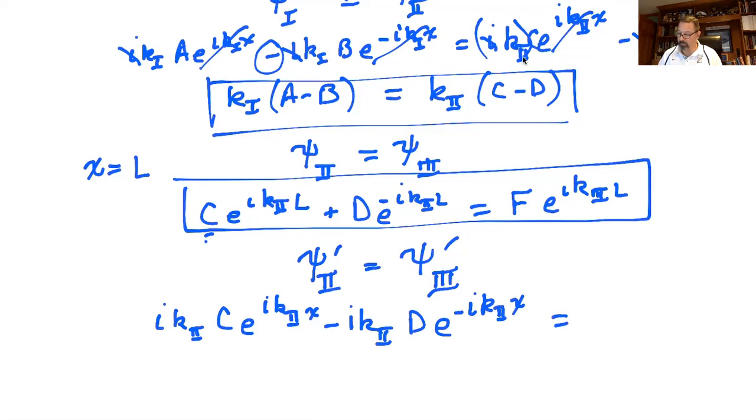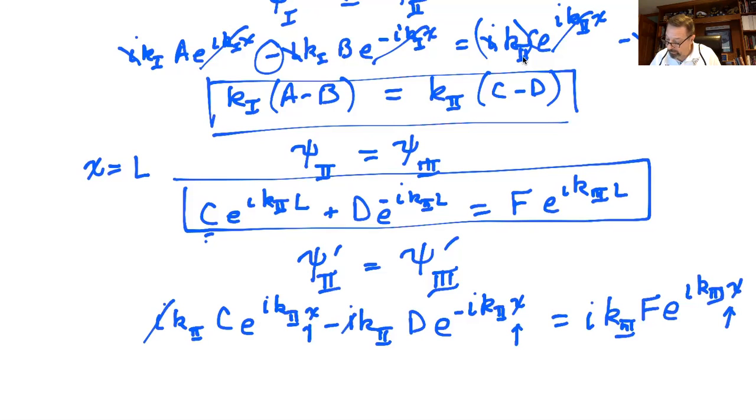Pen just turned off. There we go. i K3 F e to the i K3 x. And those are the derivatives. And I'm going to insert an L in place of x right there, there, and there. And what can I cancel? I think I can cancel the i's at least. The i's cancel.